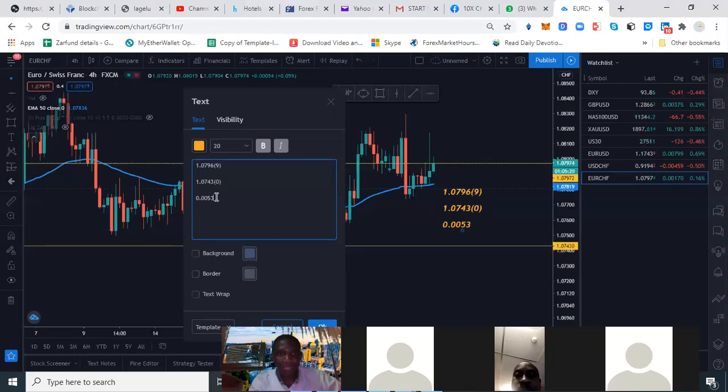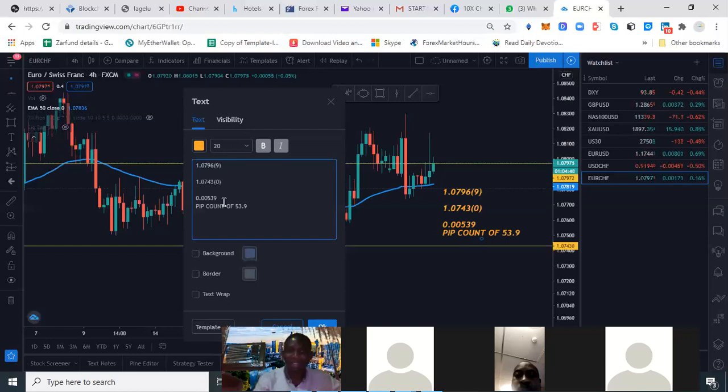So now look at it. The last two digits here tell you your pips. If you had only 3 here, your pip would be 3. Now that we have 53, our pips is 53. For this last digit here, you can put it as 9. This will give you a pip count of 53.9, but you will see it as 539.